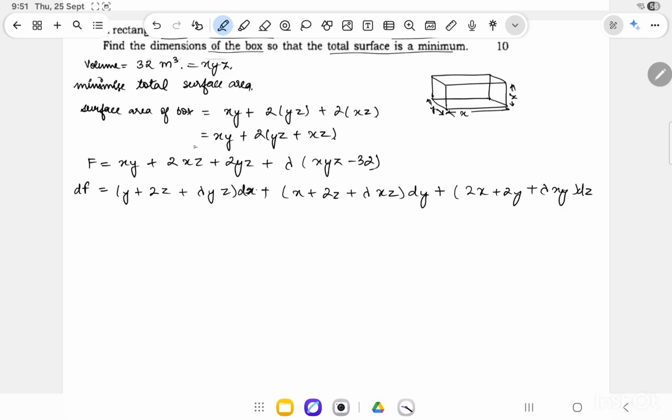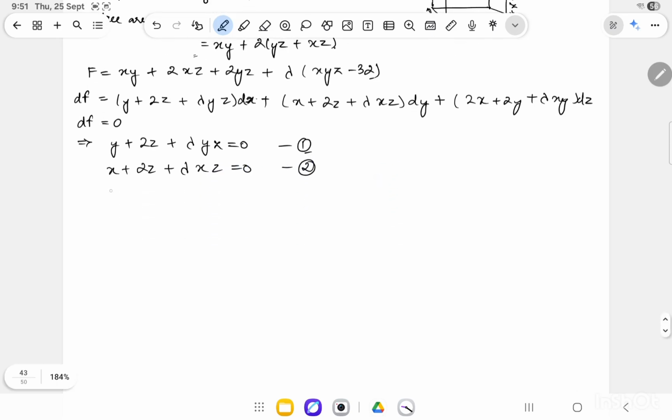Now if I equate dF with 0, I'll get y plus 2z plus lambda yz equals 0. Let's name it equation 1. Likewise, I'll get x plus 2z plus lambda xz equals 0, that is equation 2, and 2x plus 2y plus lambda xy equals 0. Let's name it 3.